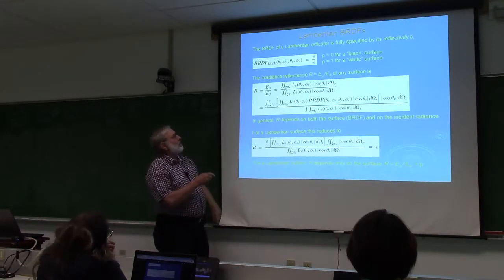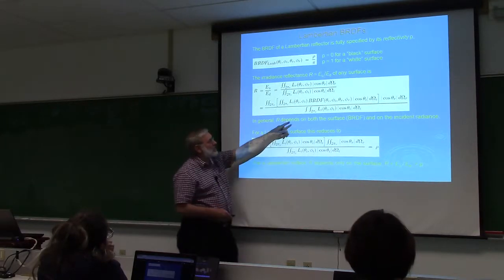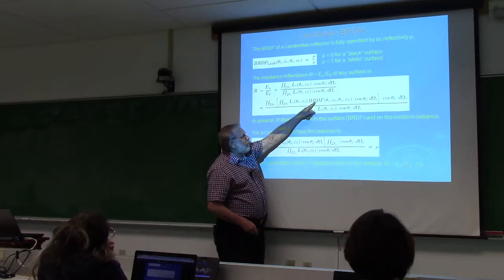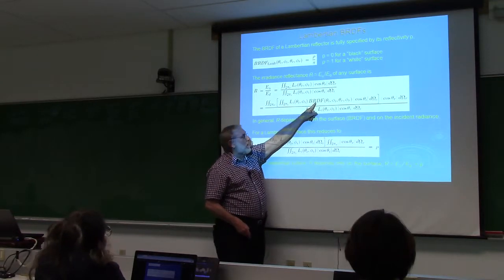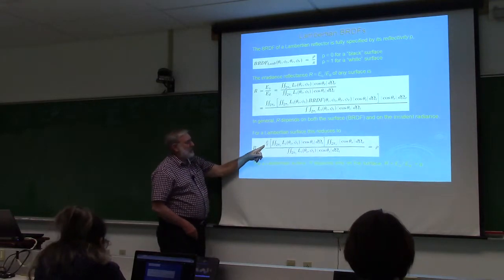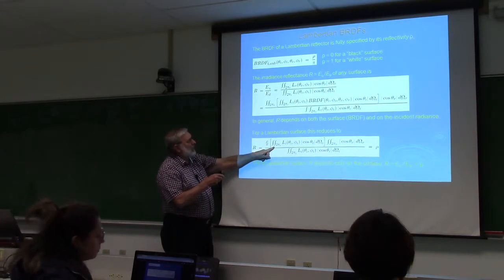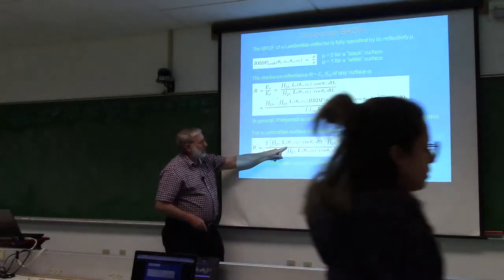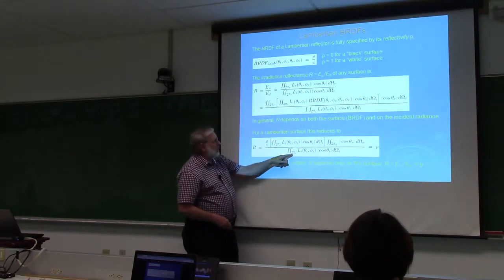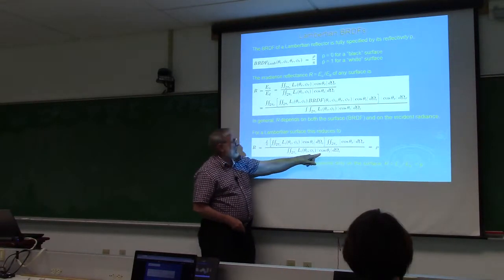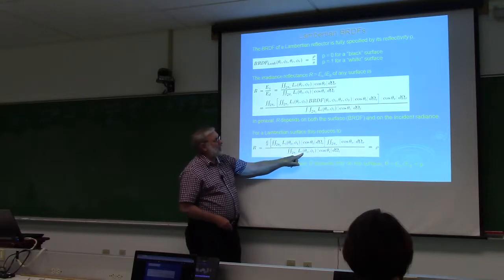But if we have this BRDF of a Lambertian surface, well, that's a nice simple little function. We plug in r over pi here, that doesn't depend on angles, so that can come out. And then we're left with an integral of Li cosine theta d omega there. We have the same thing in the denominator, so those two things cancel out.